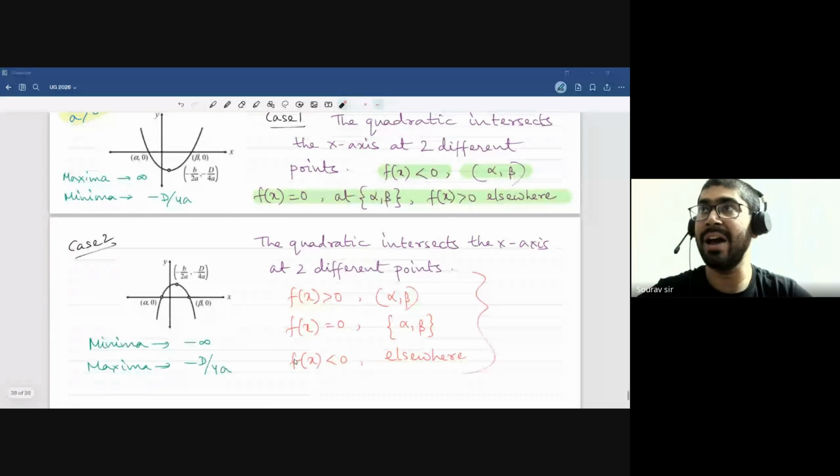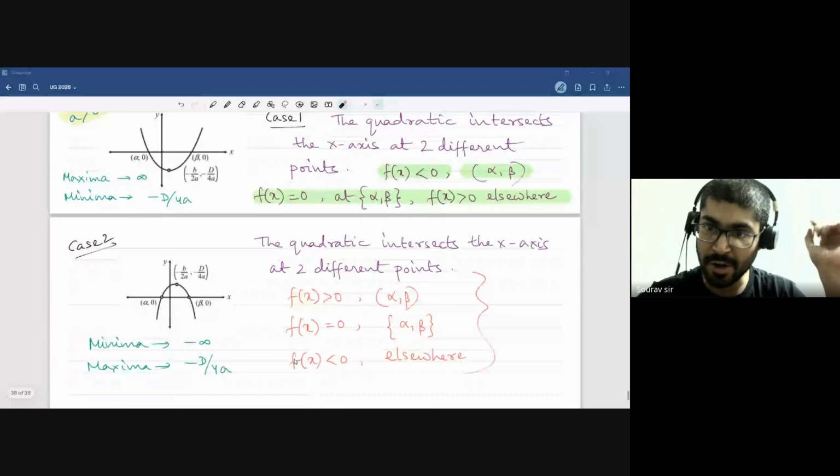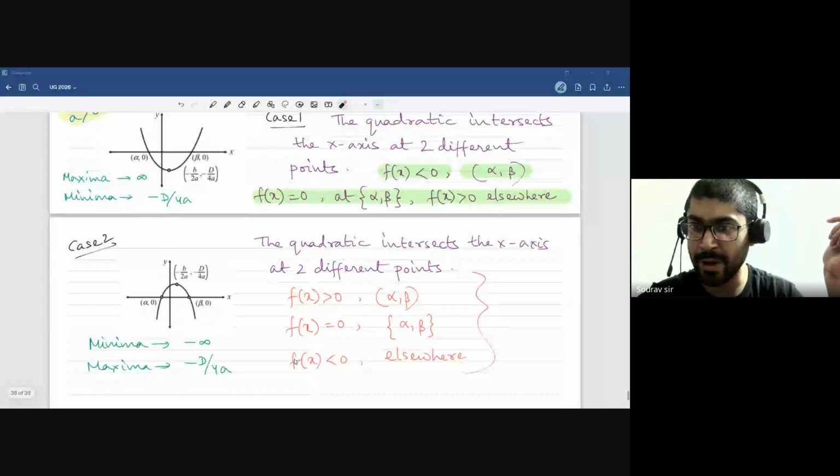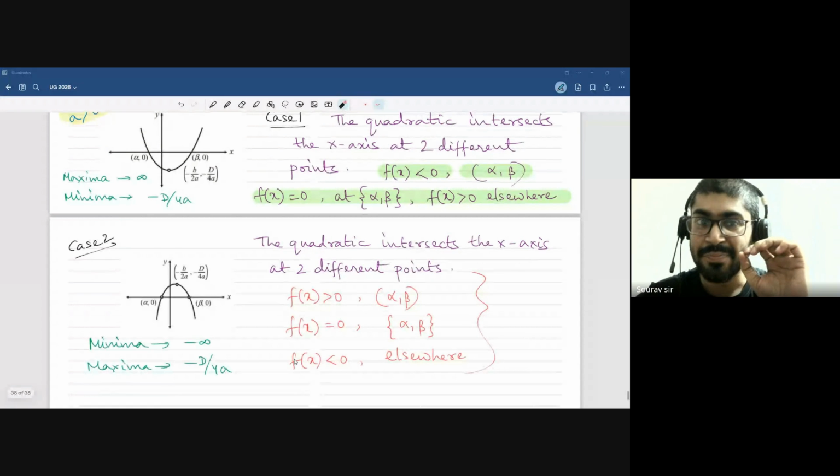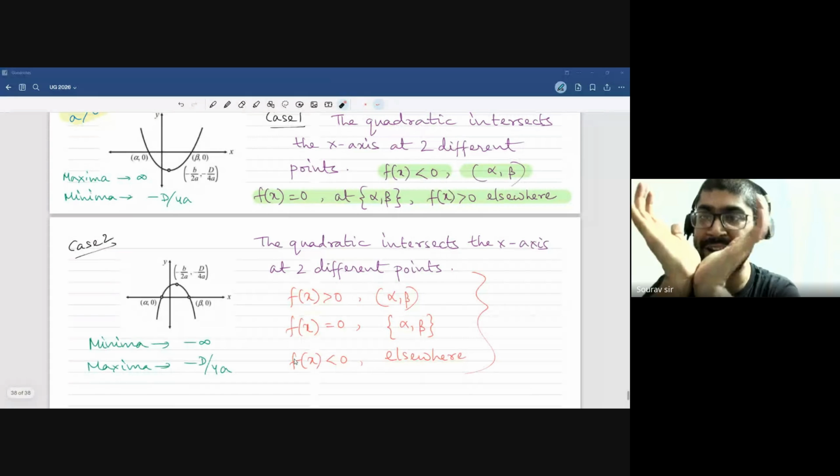So let's say you have a quadratic equation 2x square plus 3x plus 5, and you obtain the minus D by 4a to be minus 6. In that case, you know that it will be a minima. Why? Because 2x square plus 3x plus 5 is pointing upwards, and for an upward pointing parabola, you only get a finite minima.